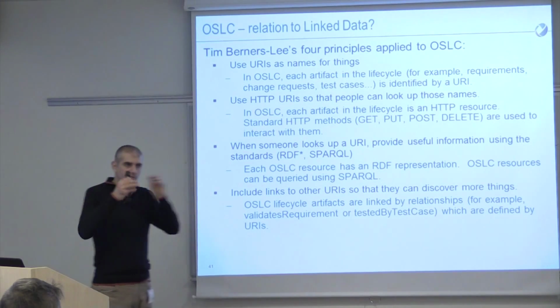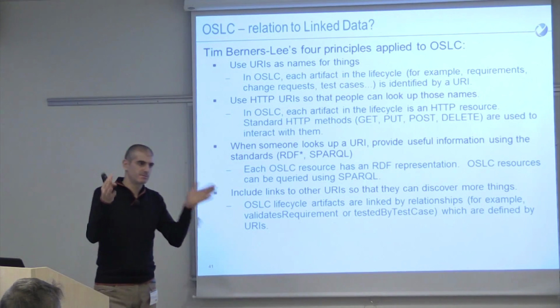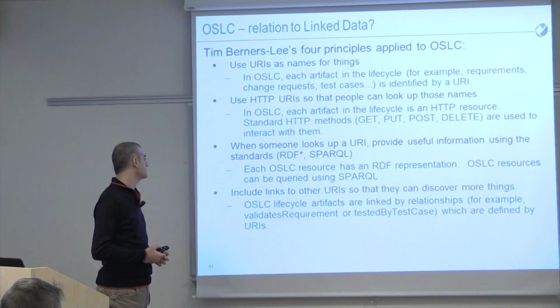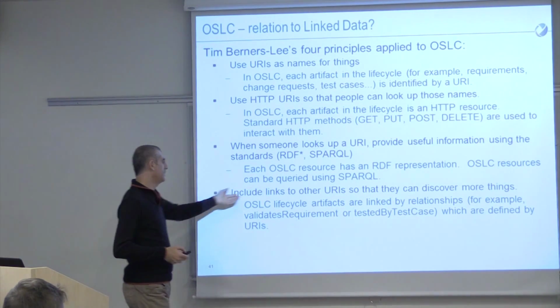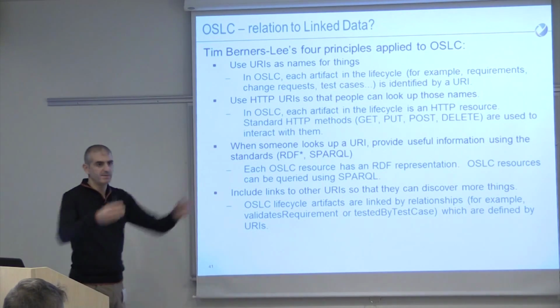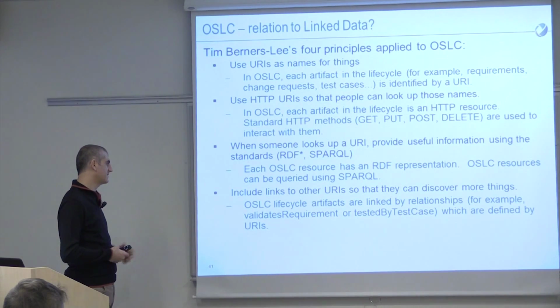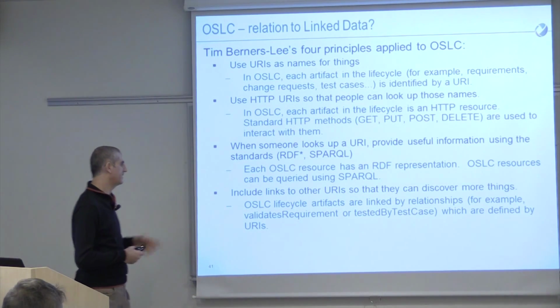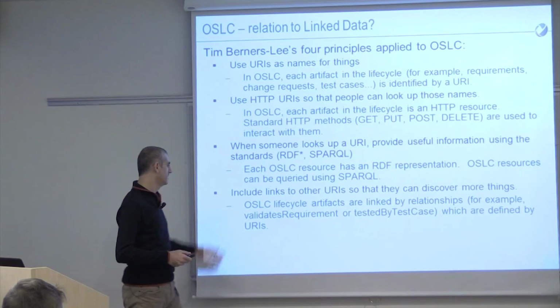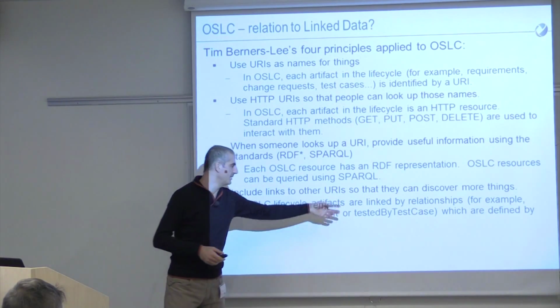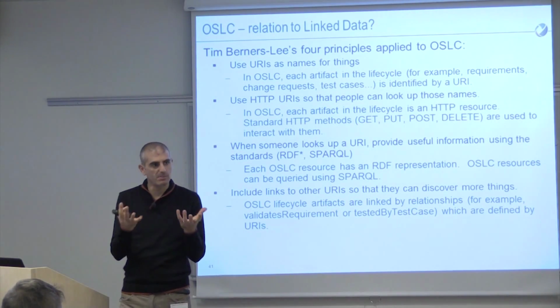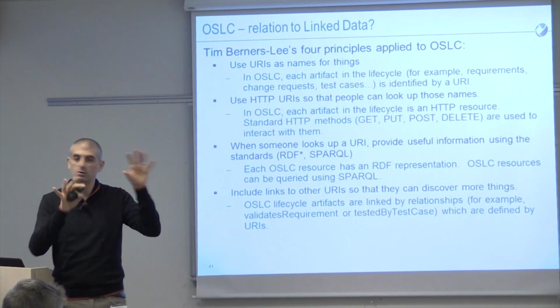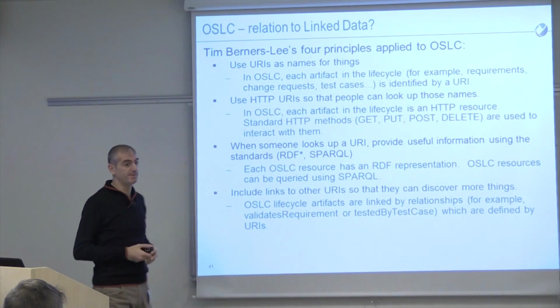And of course the whole basis is triples, triple sets and graph models. And then include links to other things so you can discover and then query your data. OSLC artifacts link between resources. So you have things like validates requirement or tested by test cases. These are the properties that OSLC defines to link different resources from different domains.